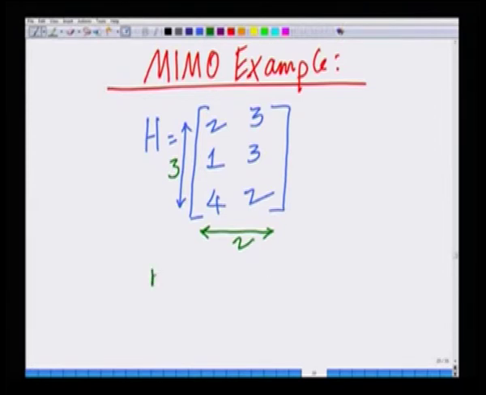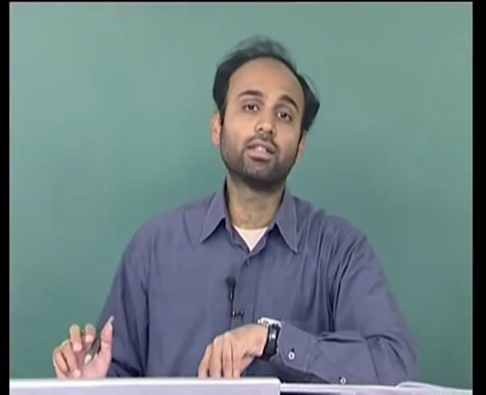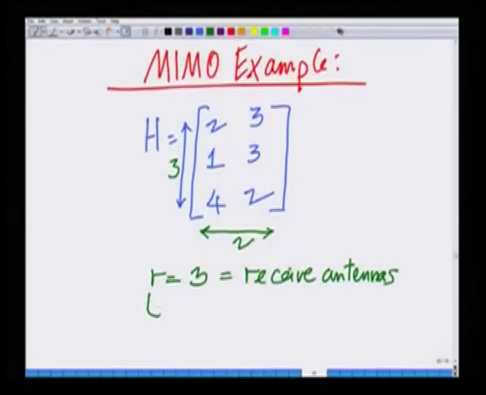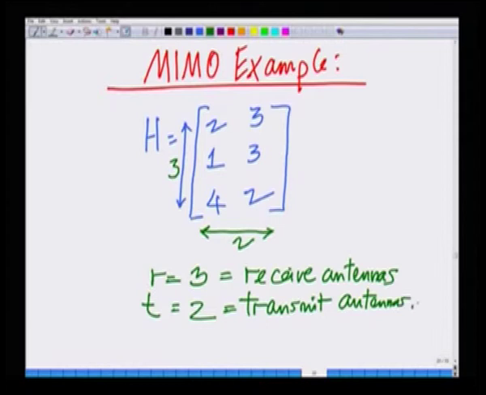Hence, the number of receive antennas R equals 3, and the number of transmit antennas T equals 2, that is the number of columns.